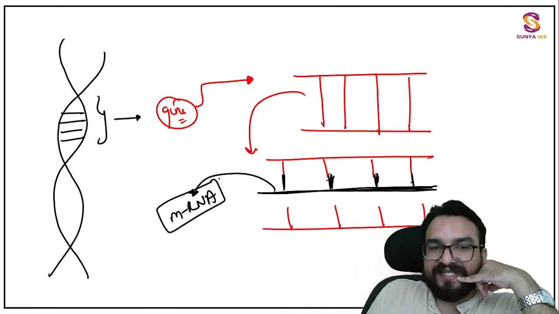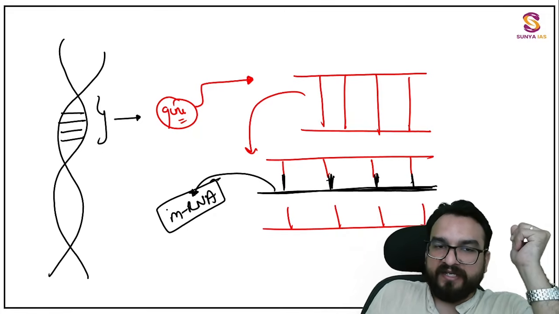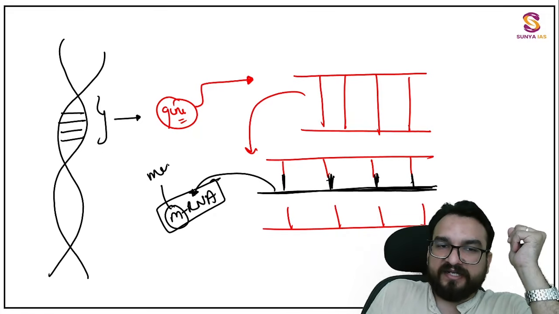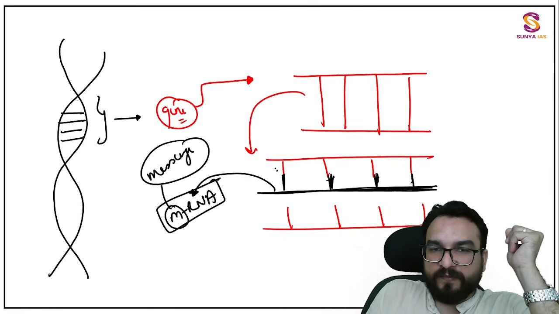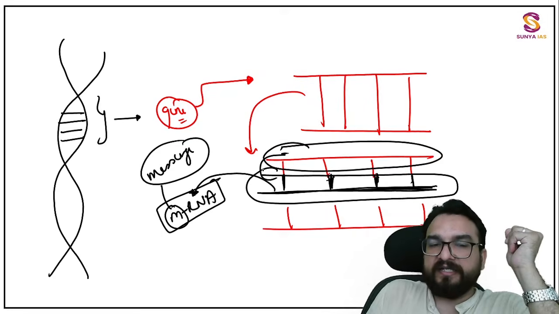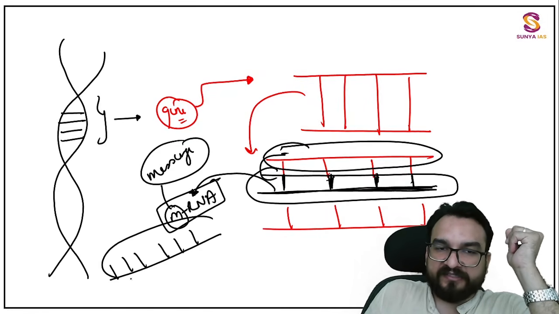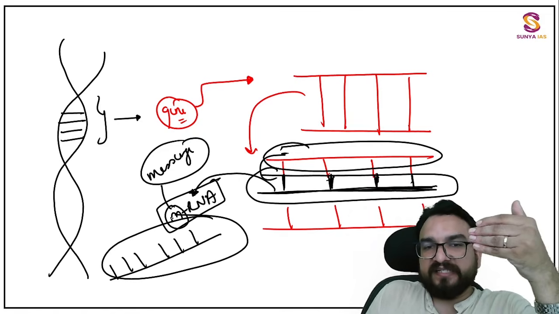This is single stranded, which is RNA, ribonucleic acid, and M is for messenger RNA. That means this particular coding strand contains the code of this particular DNA, and it will now detach itself and move freely like this. So RNA is single stranded.